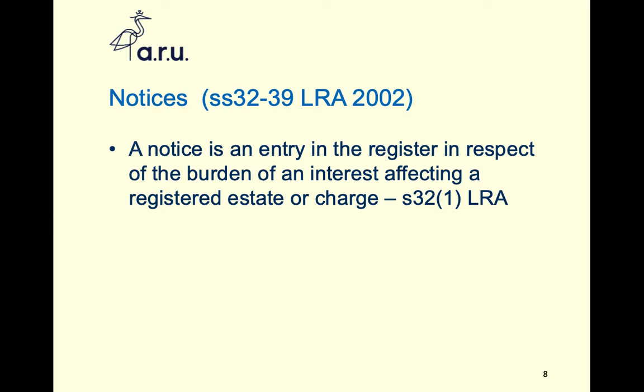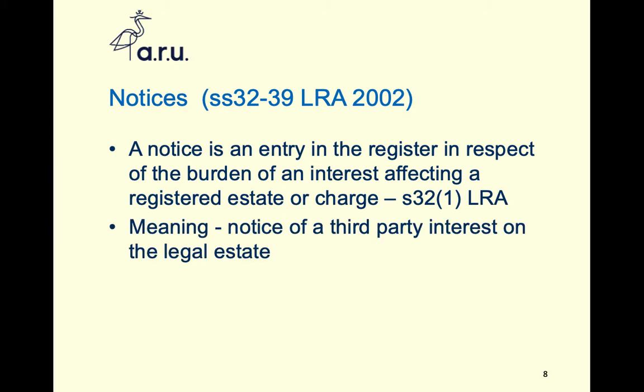So it does kind of burden or hamper the use or the ability of the fee simple absolute in possession holder to behave in a certain way. So that's the idea of it. It gives notice to the world at large that there is this hold over the land, there is this party who has an attachment or a fixation in some way. So that acts as a form of notice of their interest in that legal estate. It tells everybody that they are able to encumber in that way.